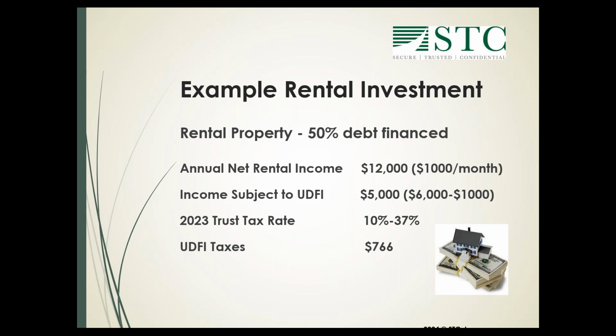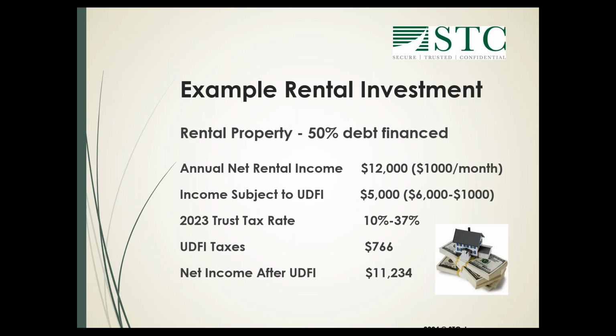For 2024, this $5,000 income would require $766 in tax payments. What that means is your net income after taxes on this particular investment would be $11,234. So what you might want to think about is whether this investment generates enough after-tax income to make it a worthy investment to get a loan on.